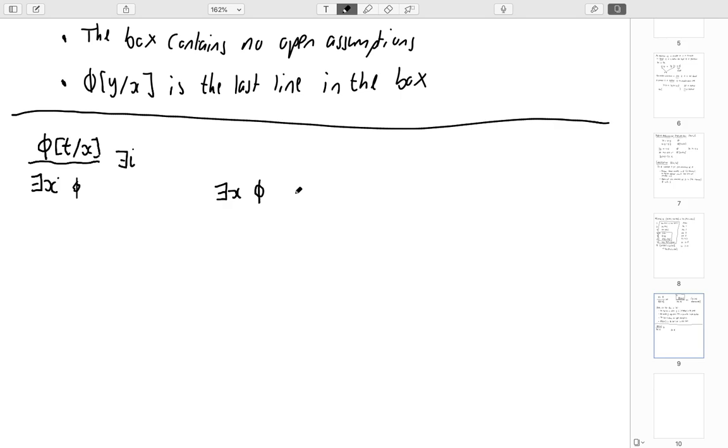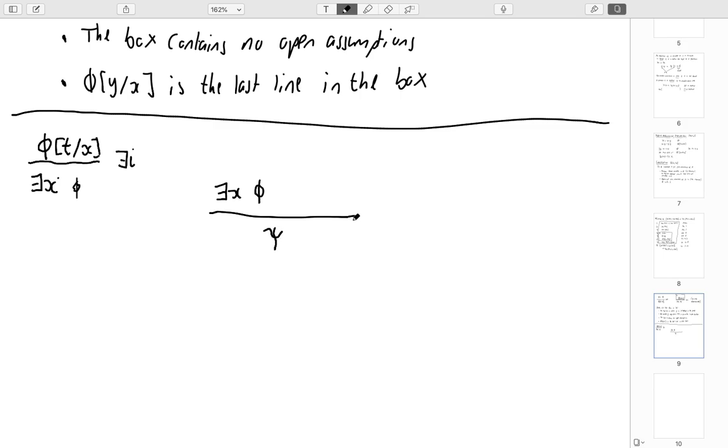That's what we've got in our proof, and we want to show that something follows from that. All we know is that there exists an x such that phi holds. Suppose we want to show that some formula psi follows from that.